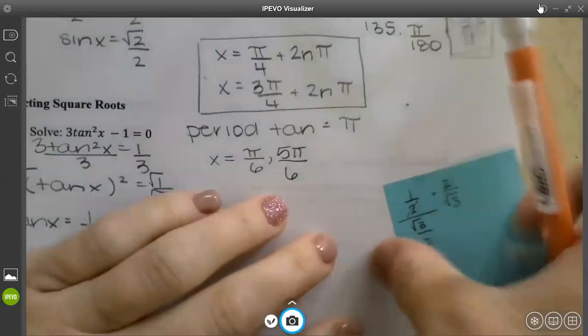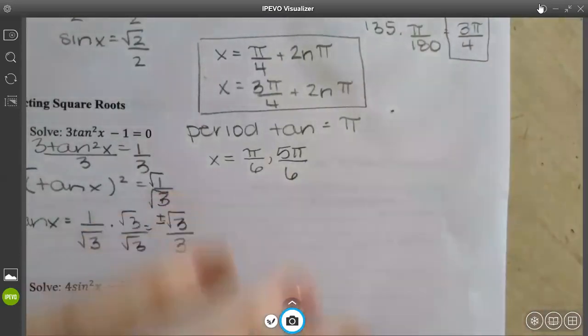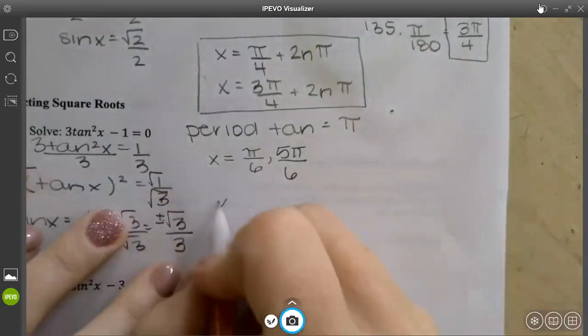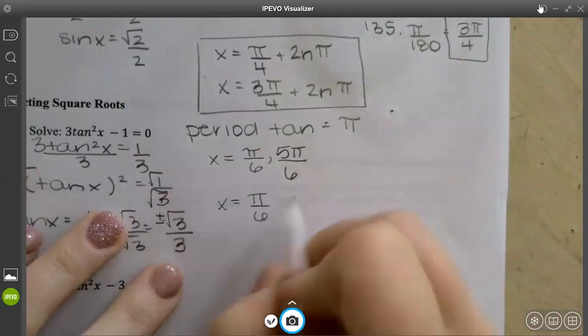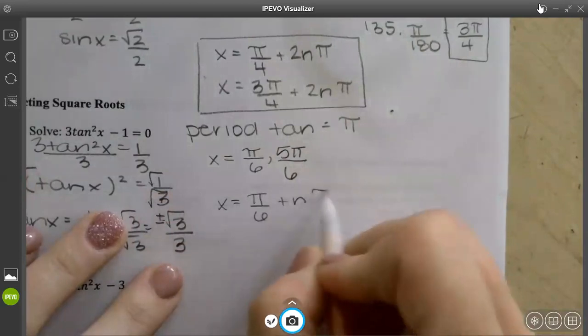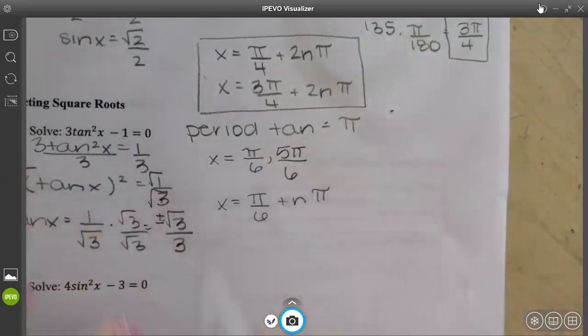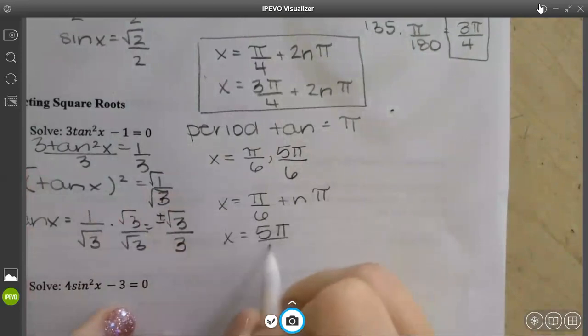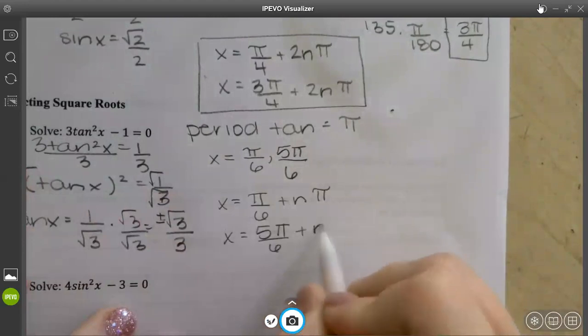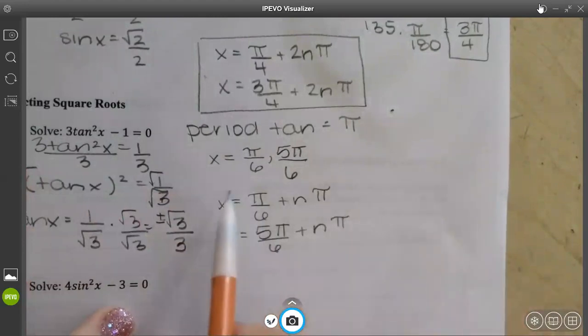So instead of 2πn, what are these going to be? πn. So π/6 plus πn. I do n times pi, but if you do πn, it's the same thing. Or 5π/6 plus πn.